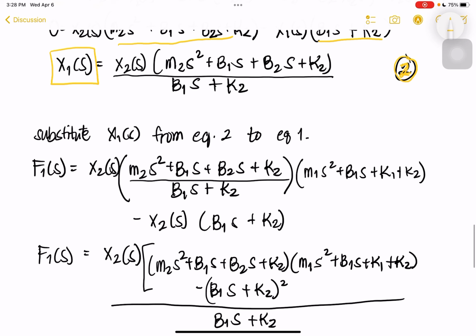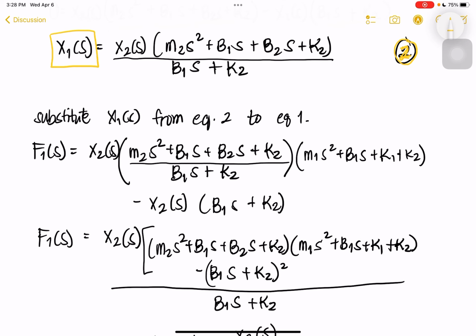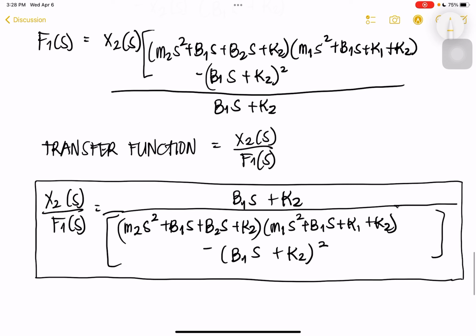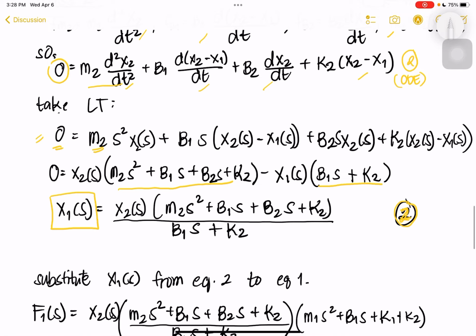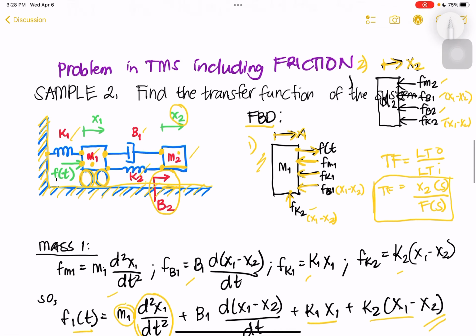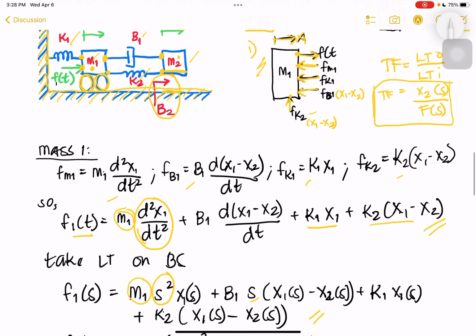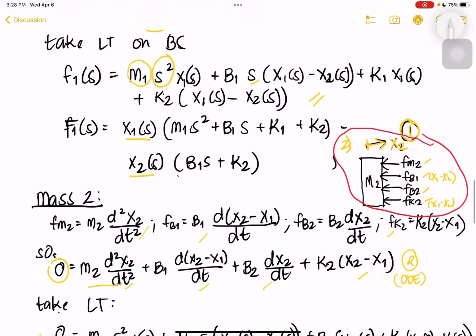So substituting X1 of s from equation 2 into equation 1, we will come up with this transfer function: b1 s plus k2 over m2 s squared plus b1 s plus b2 s plus k2, times m1 s squared plus b1 s plus k1 plus k2, minus b1 s plus k2 squared. It is not a strict process to follow substitution, but you can also use the elimination method to simplify your equation.